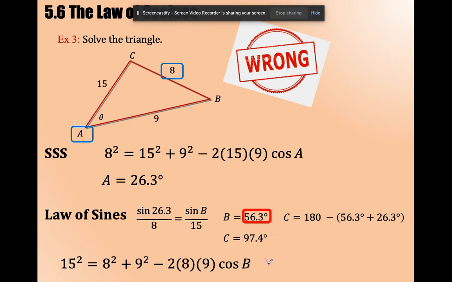So when I did this, I got B to be 123. So yes, A was 26.3, but B was actually 123.7 degrees, and C ended up being 29.9 degrees.